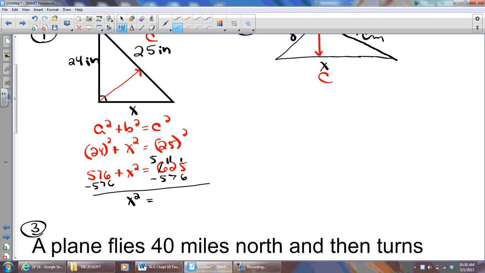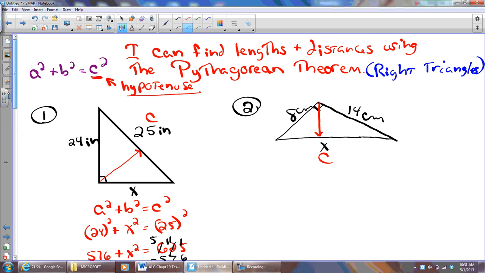That's going to be 49. Now to take the square root, and actually we're only dealing with the positive root because we're looking for the side of a triangle. It's going to be 7 inches because the negative square root doesn't make sense for the side of a triangle.